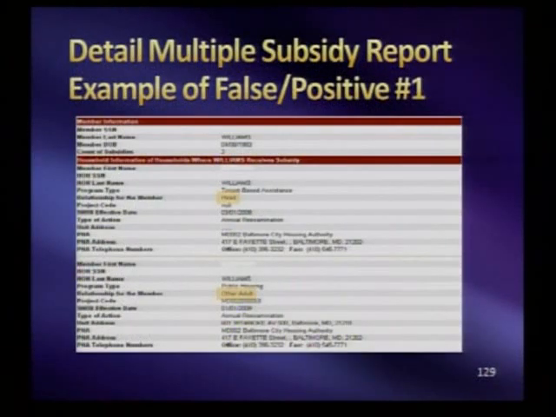And then this is an example showing a false positive. This is the other thing I meant to mention. This is a false positive because the family composition had not been updated. So you have a scenario where member number 3 decides, look, Mom, I can't stay here with you no more. I'm going to get my own place. So they leave, but maybe your family didn't report that to you, or they reported to you, but you haven't updated the family composition to remove Becky off of the family composition.